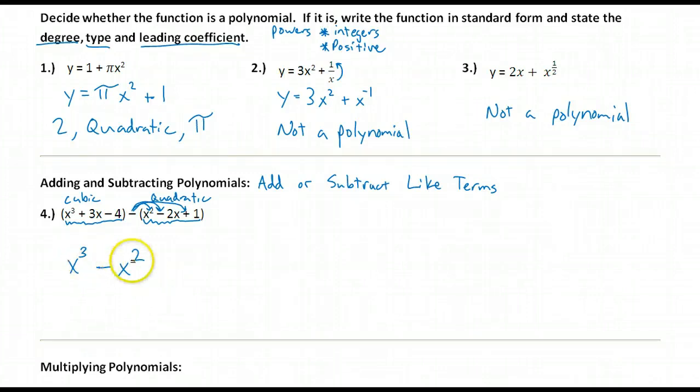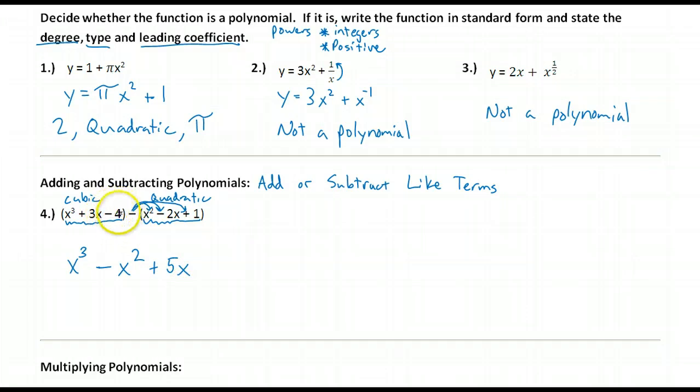Now I'm going to move on to my x to the first powers. 3x is my x to the first power. I have 3 of them, and I'm going to subtract negative 2x to the first power. So 3x minus negative 2x gives me positive 5x. And the last, I'm going to subtract my constant terms, my x to the 0 terms.